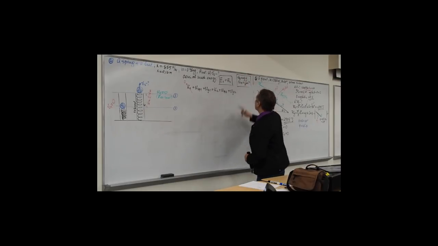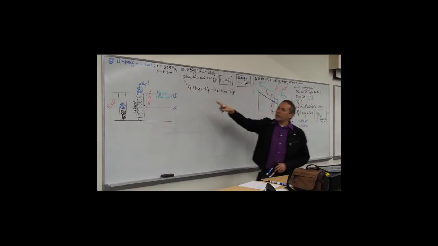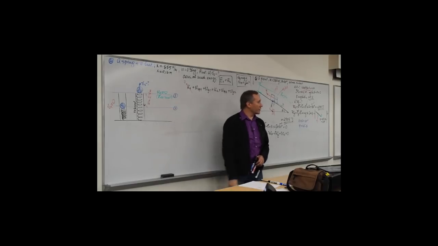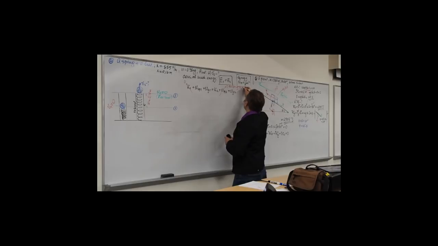So for the spring, when the object is here, compression is 0, so potential energy is 0. So I can dump this as well. Spring is relaxed, x equals 0, right?